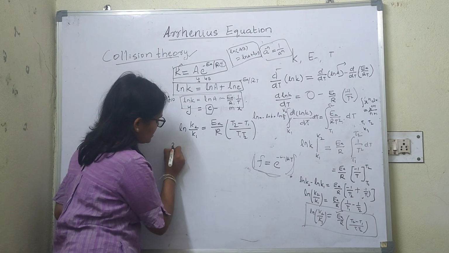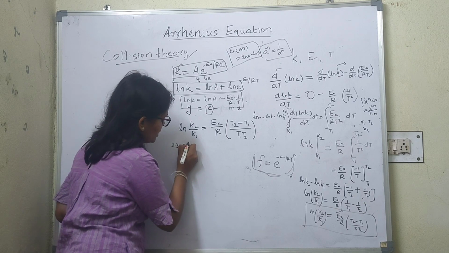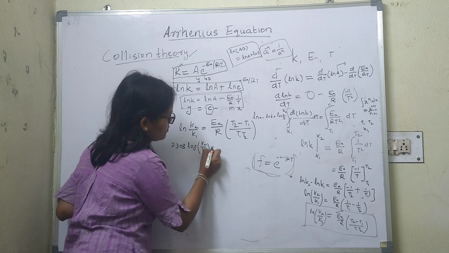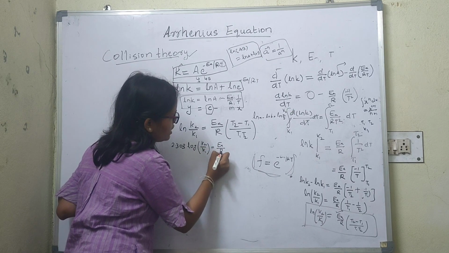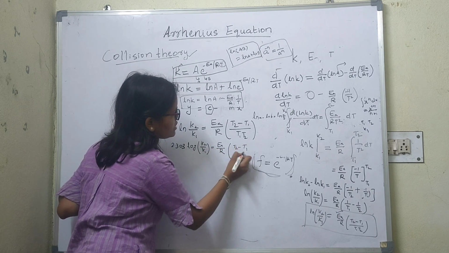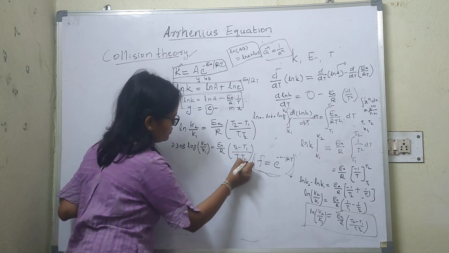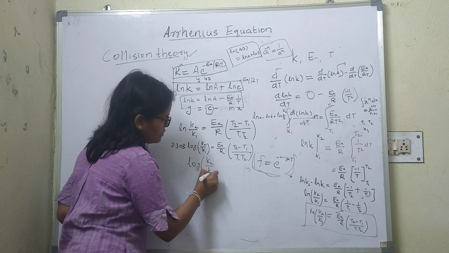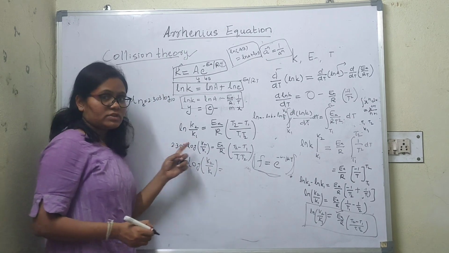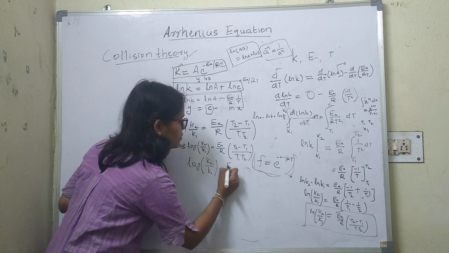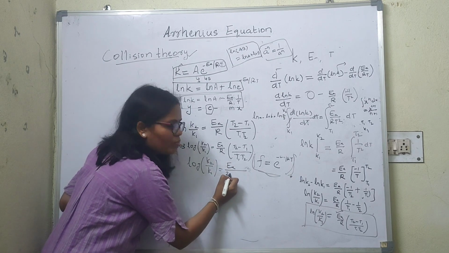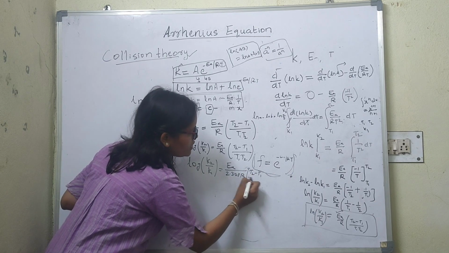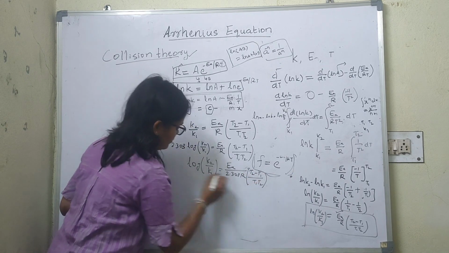So I can write this as 2.303 log k2 by k1 equals EA by R into T2 minus T1 by T1 T2, or you can write it as log K2 by K1 equals, bringing it to the right side, EA by 2.303 R into T2 minus T1 by T1 T2.